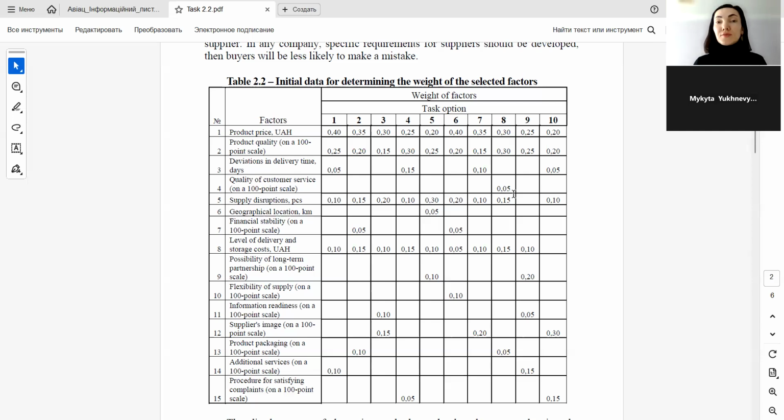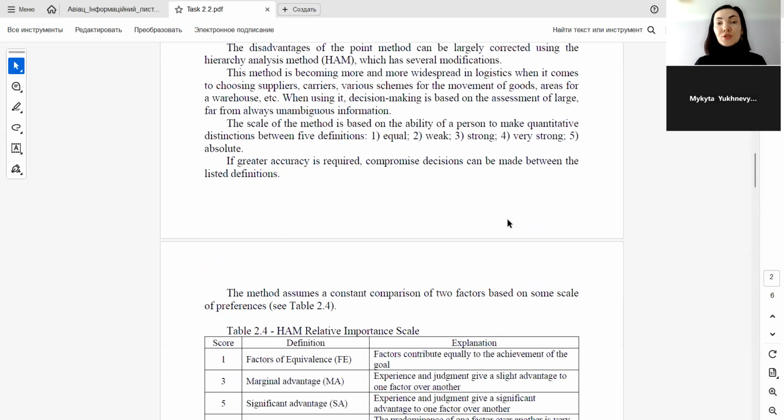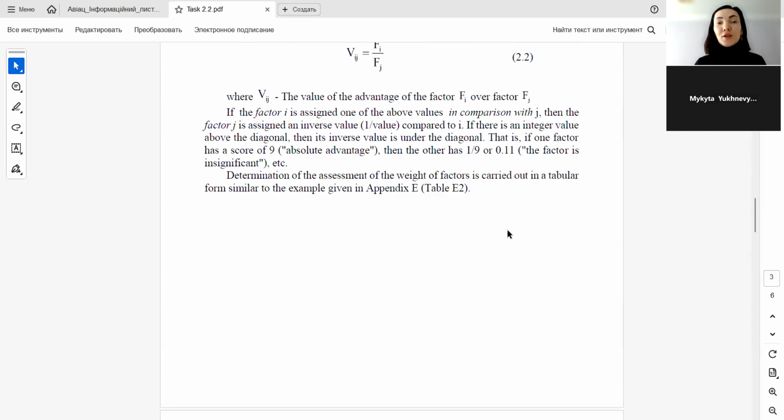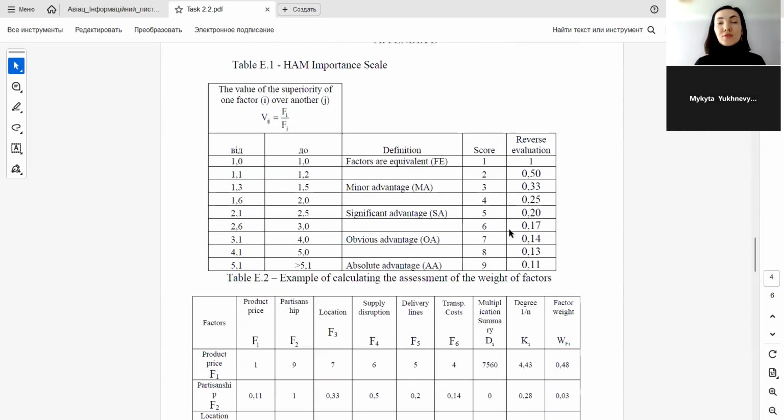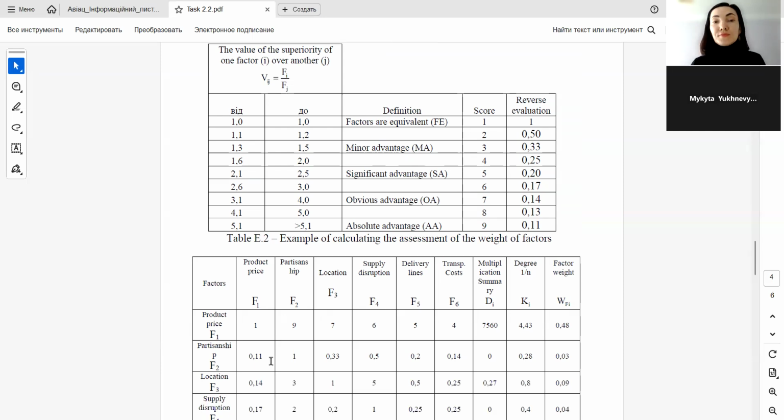Okay, find this meaning. And we come back to the table E.1 and find this difference. And also score we write into line and reference evaluation to column. In our example, first and third factor, it will be score 7.